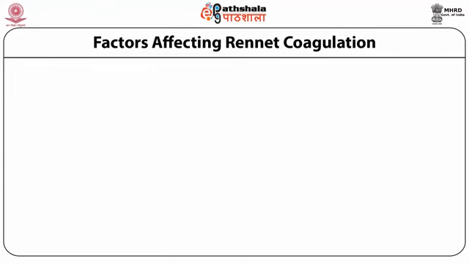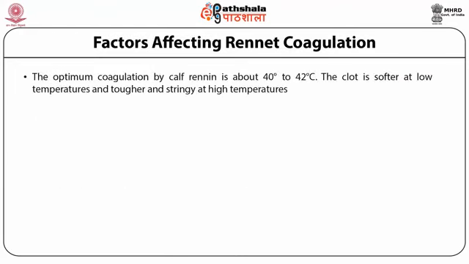As for temperature, rennin provides the best result at the temperature range of 40 to 42 degree centigrade. At these temperatures, it produces soft curds. Below these temperatures, the curds are very soft, and above these temperatures, the curds are tough and stringy.